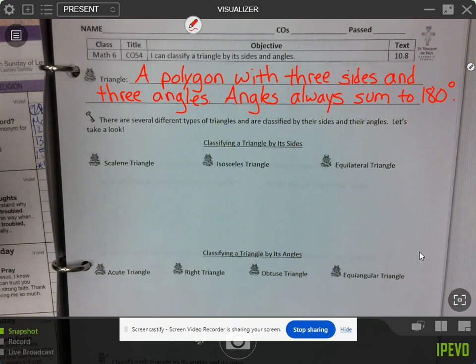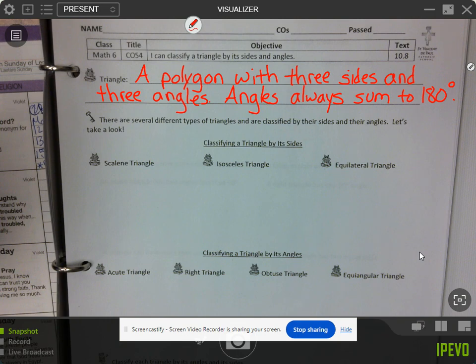A straight angle always equals 180 degrees. A triangle's angles always total 180 degrees. Always, always, always. Important to know. You will use that in Math 6. You will use that in geometry. You will use it in calculus. Important for us to know.